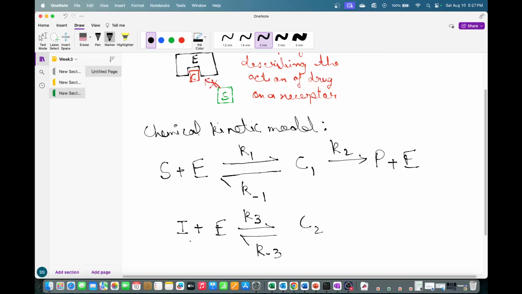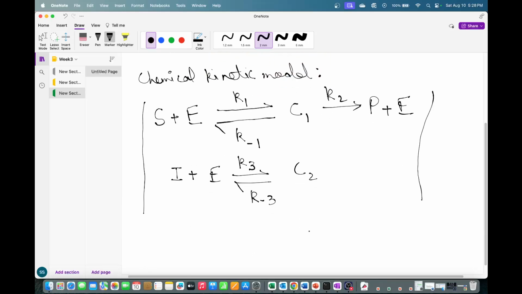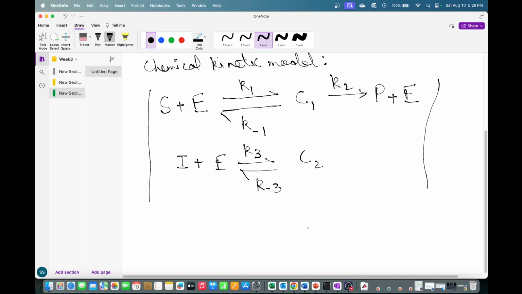C1 is the enzyme-substrate complex, and C2 is the enzyme-inhibitor complex. So both equations describe the inhibition, basically the enzyme kinetics with inhibition. This is what we are doing.